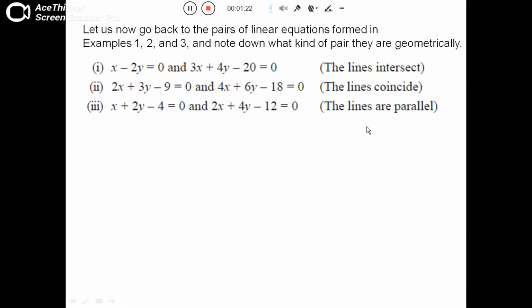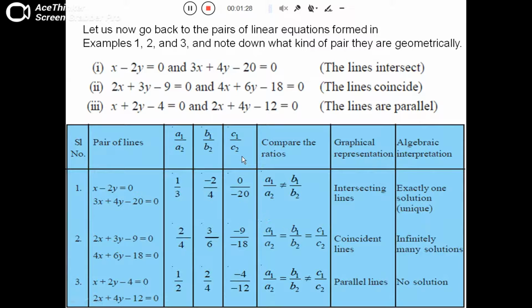Now let us understand this algebraically also. Here all three pairs of equations are given in serial numbers 1, 2, 3. Let us understand the first pair of equations, which was example number 1.